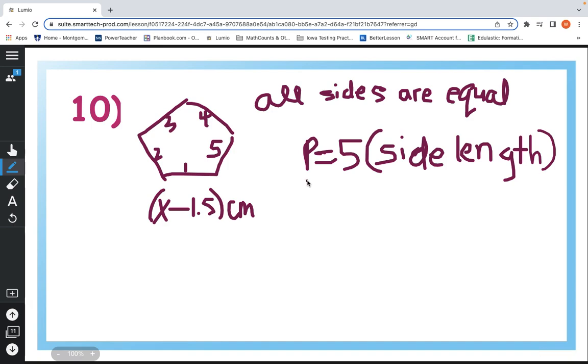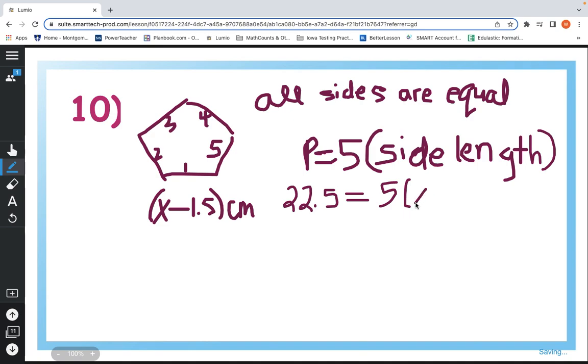Okay, so that means I'm going to have P. They want to know what the value of X is if the perimeter is 22.5. So P is 22 and a half. So I'll replace P with 22.5. And we know all sides are the same.